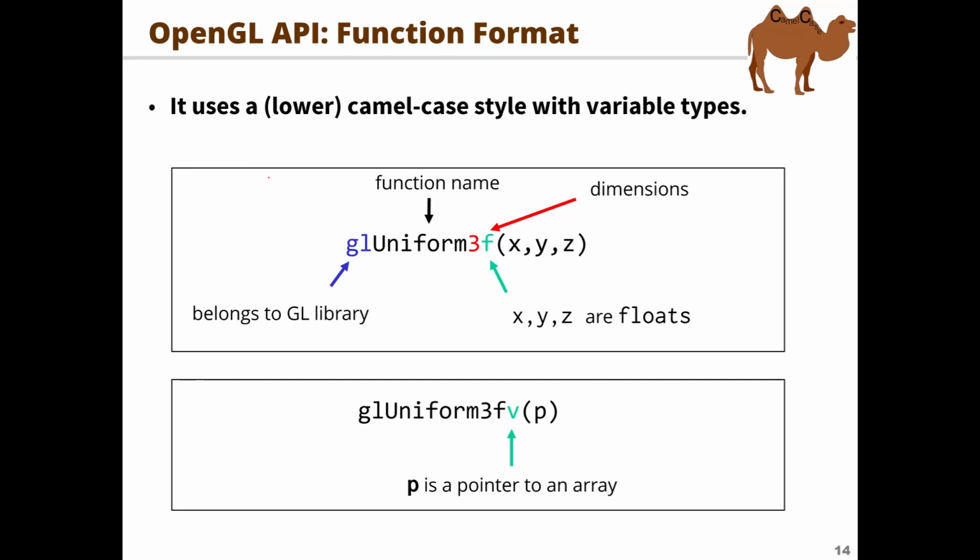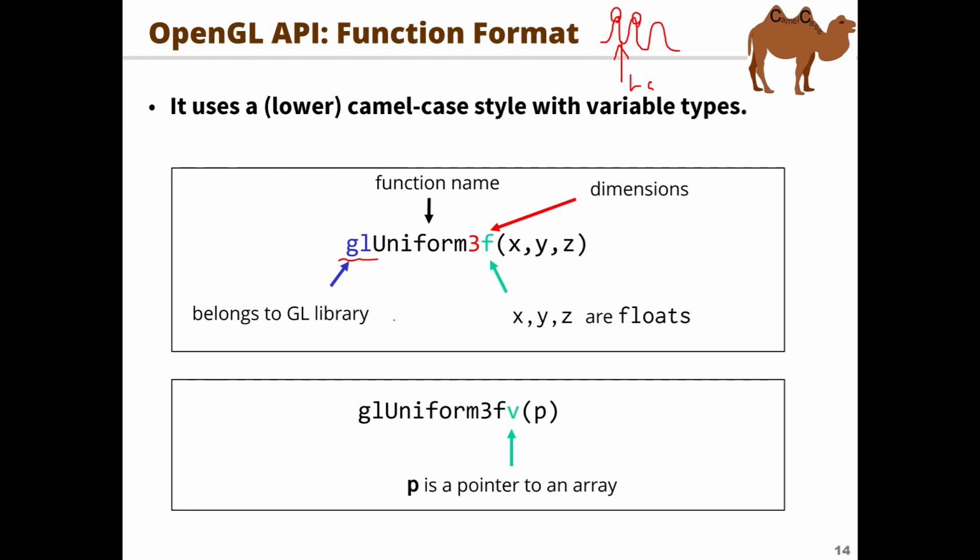Function format: function style uses lower camel case. That's the camel hump here, so this is a capital letter and this is lower case. So here, glUniform3f.